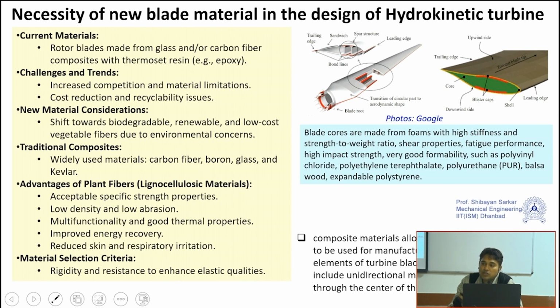The cost of preparing this material should also be within limits, so that the energy production cost should not exceed and should attract the consumer. If we have solar energy or some other form of energy, and we have this type of hydro energy, the energy cost per unit must be within a range so that a consumer will select this type of energy. Otherwise it will be difficult to sustain in the market.